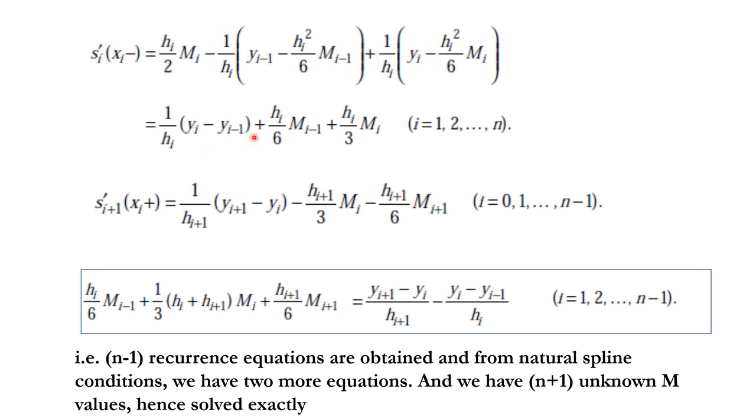So simplifying, we obtained 1 by hi into yi minus yi minus 1 plus hi by 6 into mi minus 1, plus hi by 3 into mi. These two terms are added.